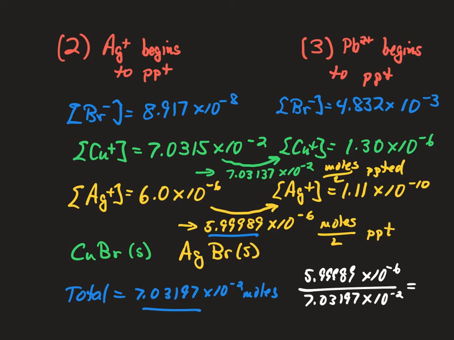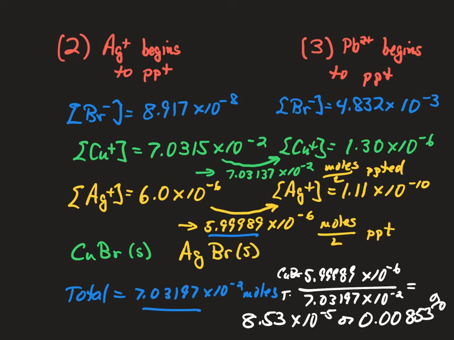That's going to be a little number, 8.53 times 10 to the minus 5, or 0.00853%. And that was silver bromide to the total.